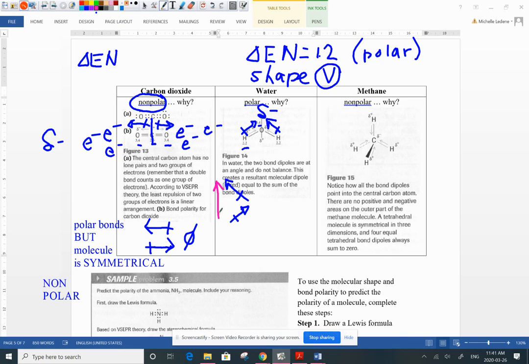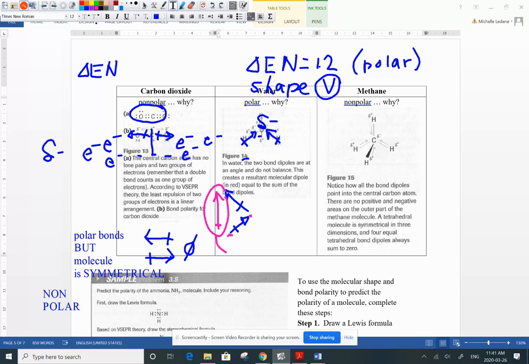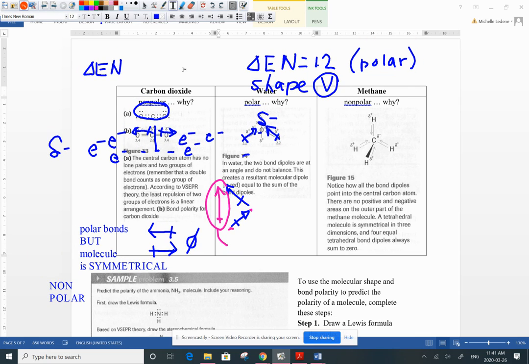Going from the start to the end and the start to the end, we add up, and this is what we call a net or resultant dipole. And what does that mean? It means that if you have a net dipole or a resultant dipole, the molecule is not symmetrical.